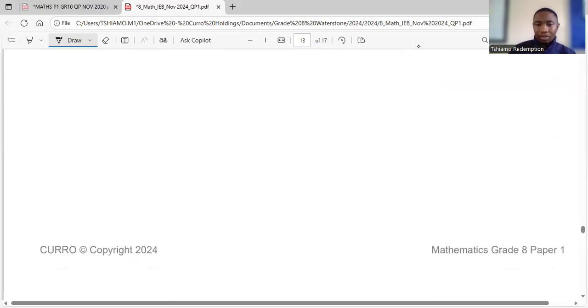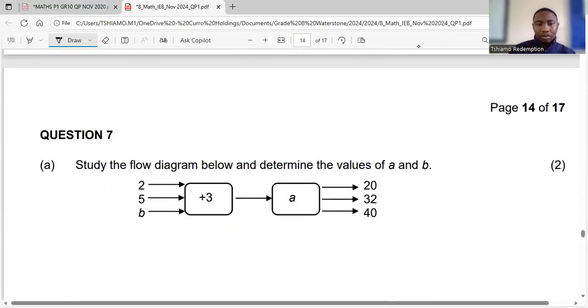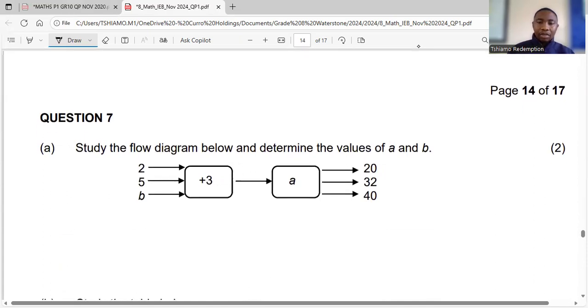Okay, moving along. Study the table below and determine the values of a and b. The values of a and b, so look at this one. Let's look at the first one. 2 plus 3 will be 5. 5a equals 20. Then how do I find a? Divide both sides. a will be how much? a will be 4.